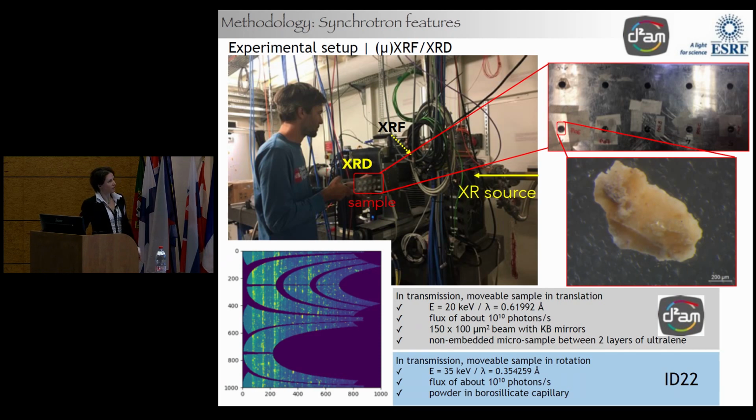You have seen several examples before about these difficulties: keeping it between two ultralene films, and also keeping the archaeological object entire, even if it measures a few millimeters or several centimeters.